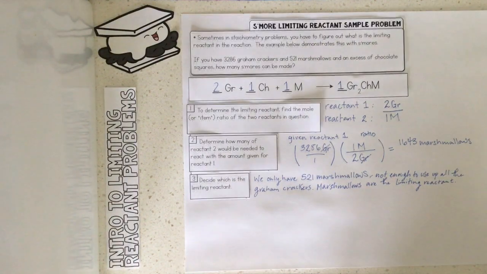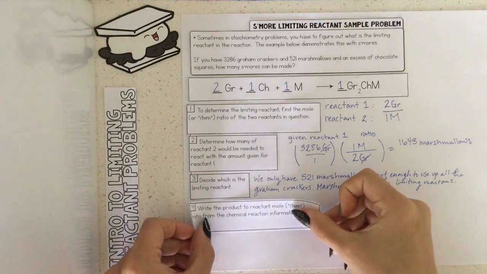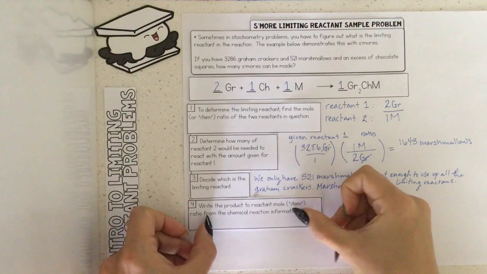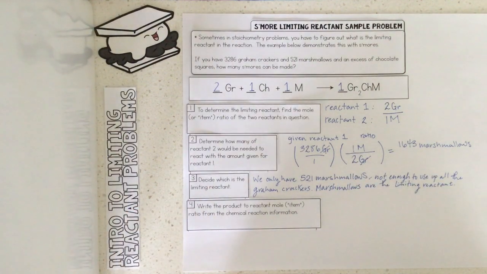Now we're on to the step where we'll figure out how many s'mores we can make. Step 4. Write the product to reactant mole ratio from the chemical reaction information. This is where we use the desired product and our limiting reactant.